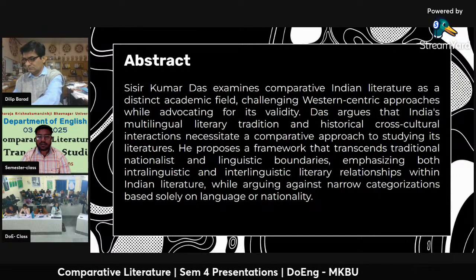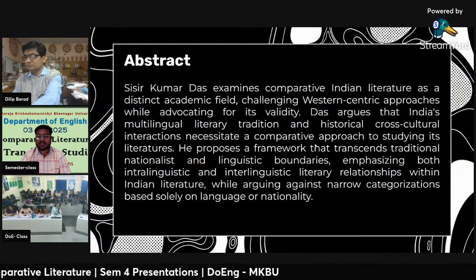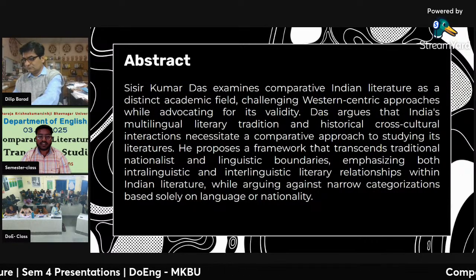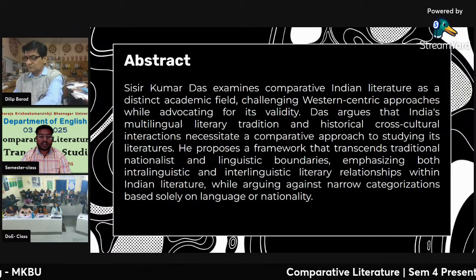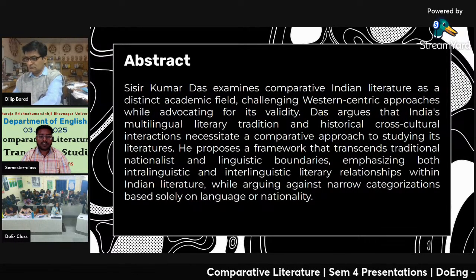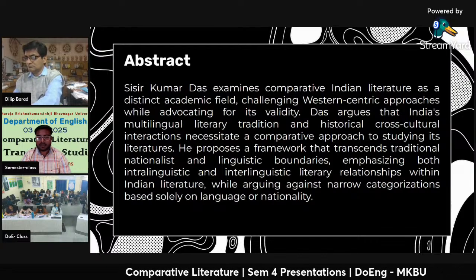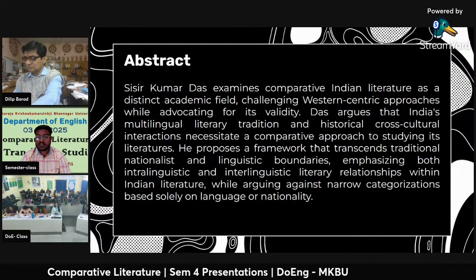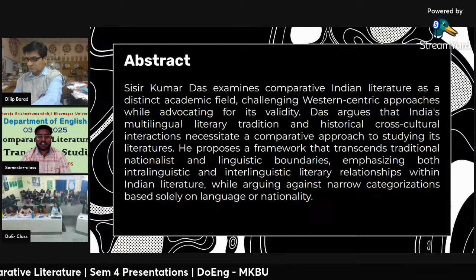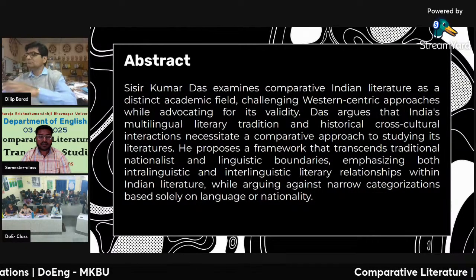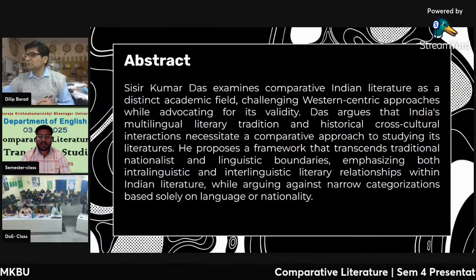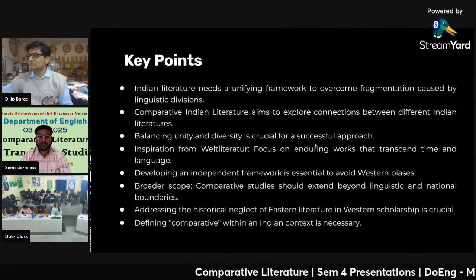He proposes a framework that transcends traditional nationalist and linguistic boundaries, emphasizing both interlinguistic and intralinguistic literary relationships within Indian literature, while arguing against narrow categorizations based solely on language or nationality.